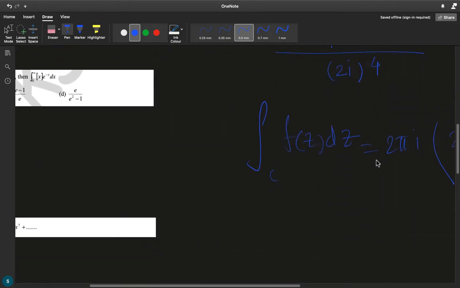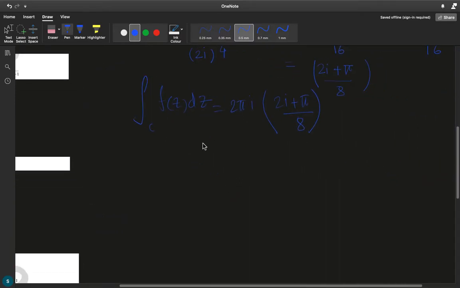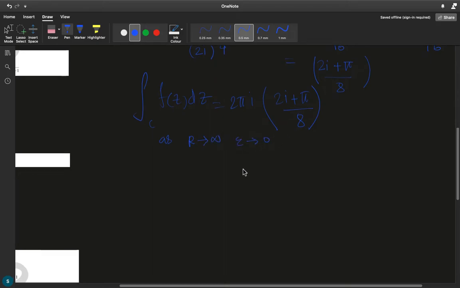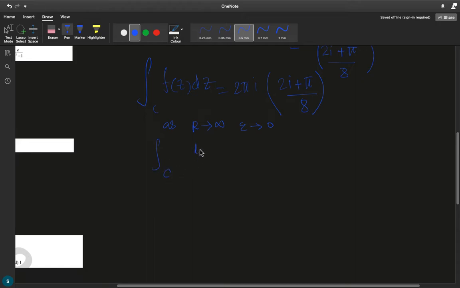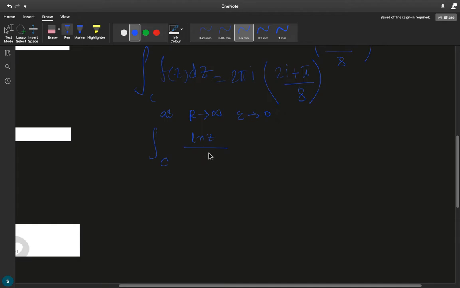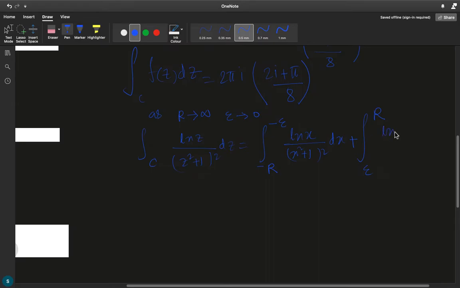So we can write that as R tends to infinity and epsilon tends to 0, the integral of ln z by (z square plus 1) whole square is left with the basic integrals: the integral from minus R to minus epsilon of ln x by (x square plus 1) whole square dx, plus the integral from epsilon to R of ln x by (1 plus x square) whole square dx.